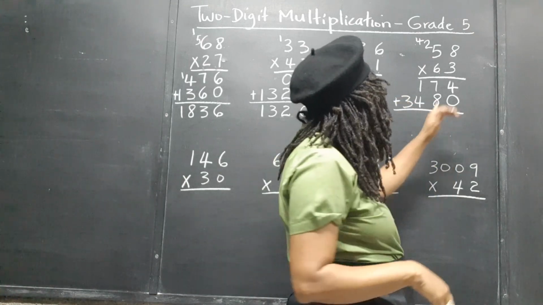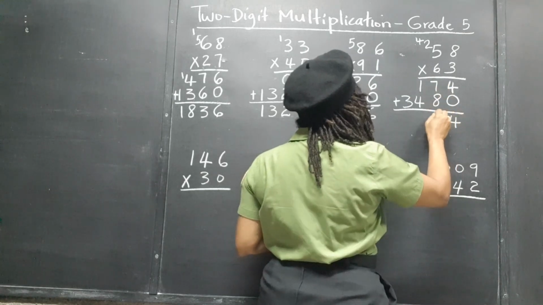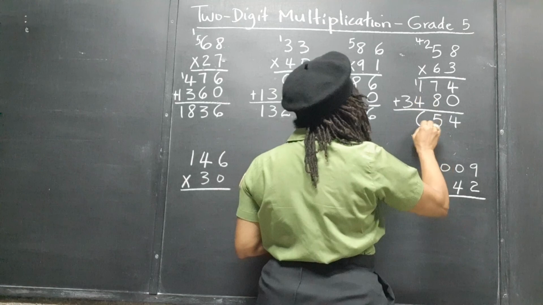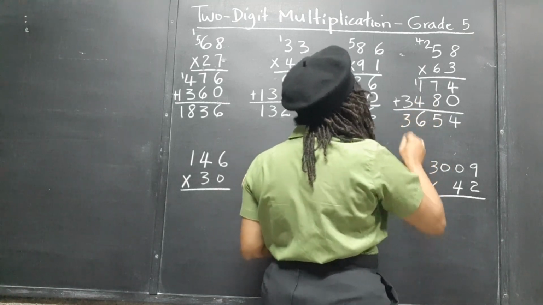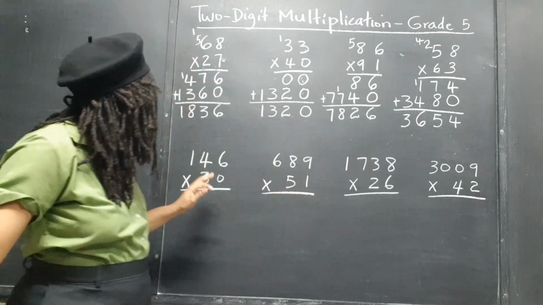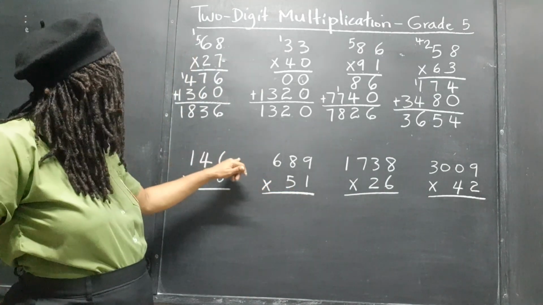And now we add 4 plus 0, 7 plus 8, that's 15. 1 plus 1, 2 and 4, 6. Carry down the 3. 3,654.